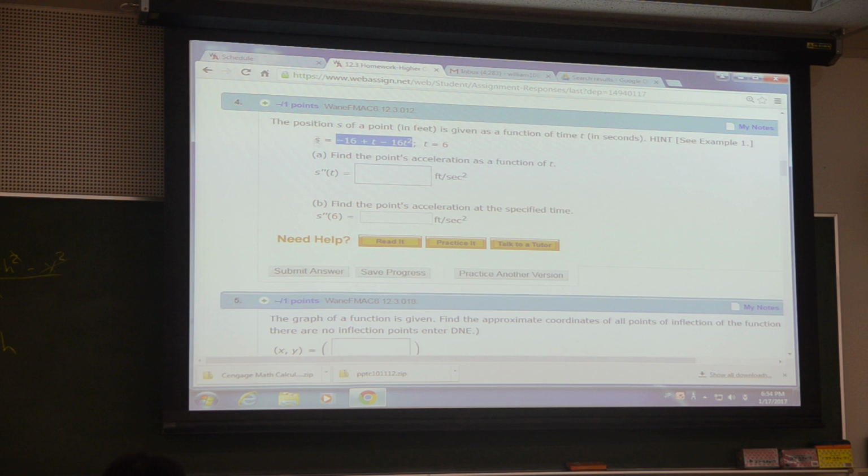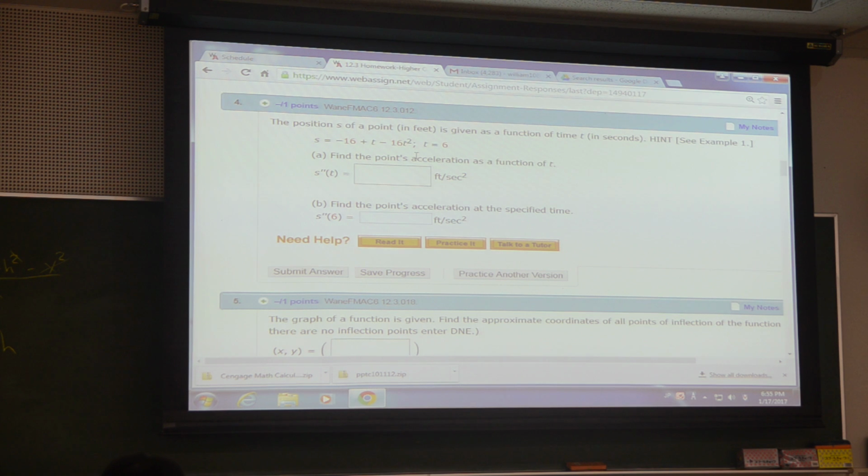Okay, so suppose that that's true, in other words. Suppose that we have a stone that's moving according to this formula. Find the acceleration of this stone. Okay, so that's the question, right?